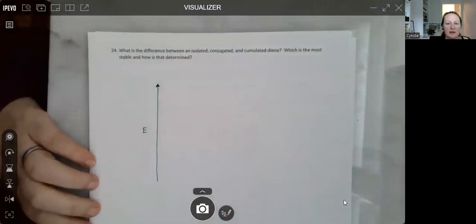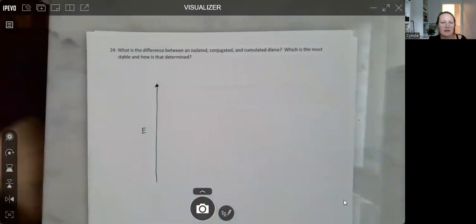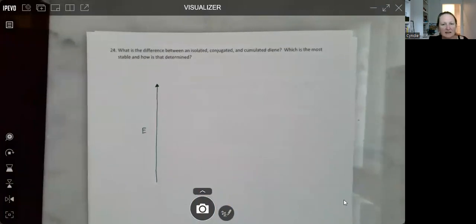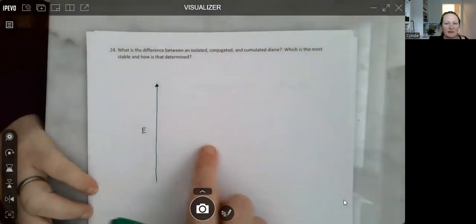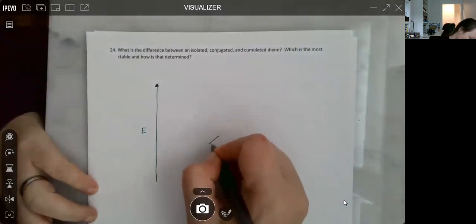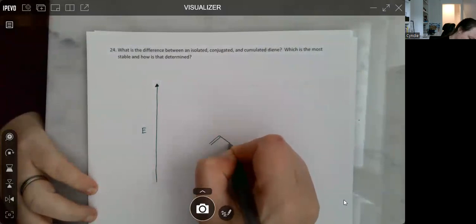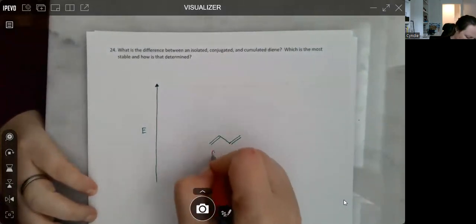Okay, so I want to think about the fact that the conjugated diene is the most stable. So we want to draw that at the lowest energy. So for example, we have a situation like this. This is a conjugated diene.